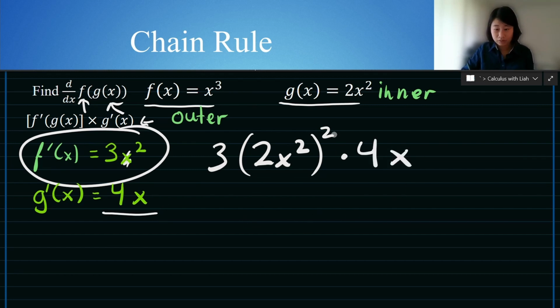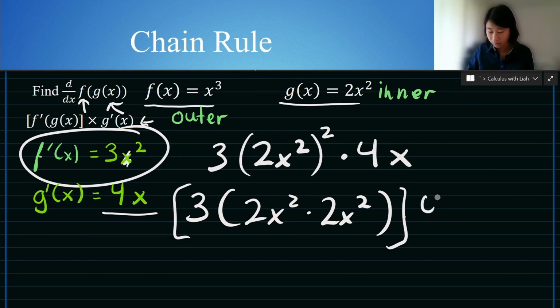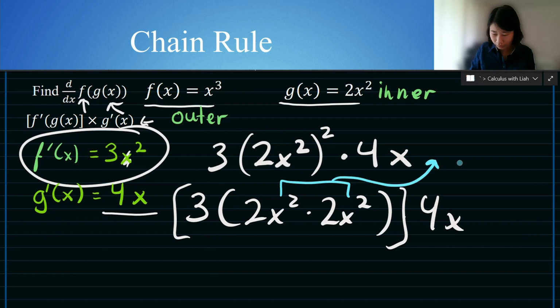Okay, so now I'm going to simplify this by saying this is going to be 3 times 2x squared times 2x squared, and then this will all be multiplied by 4x. And so in here, we are going to get a value of 4x to the 4.